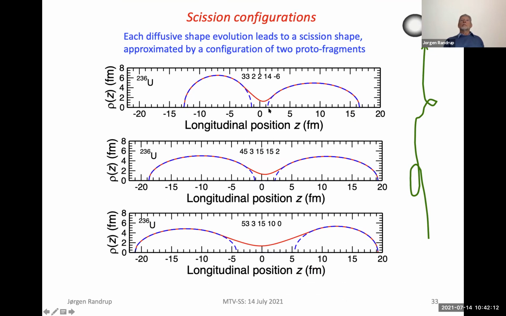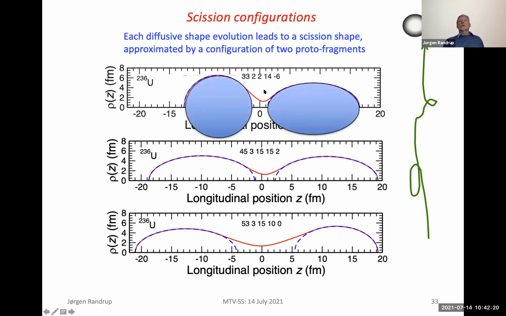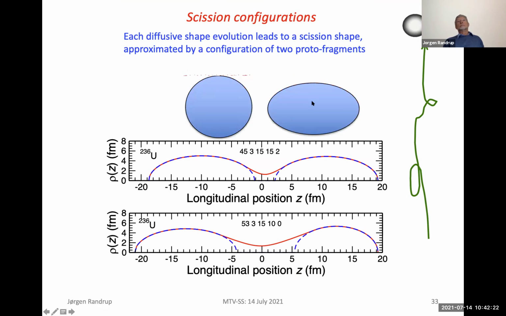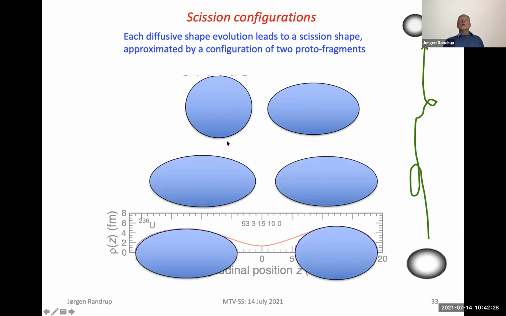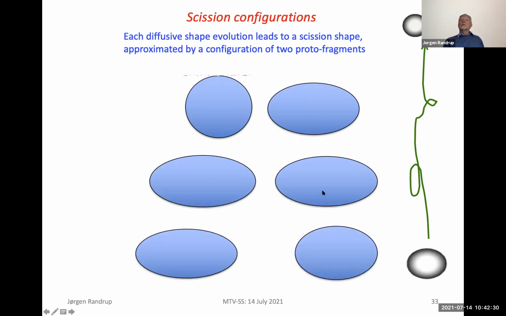And then we try to replace these shapes by two what we call proto-fragments. They're kind of drawn in here, makes it more clear. So like this, and like this, and like this. So this is obviously a little bit rough, but this is one way to quantitatively get some scission configurations to analyze.